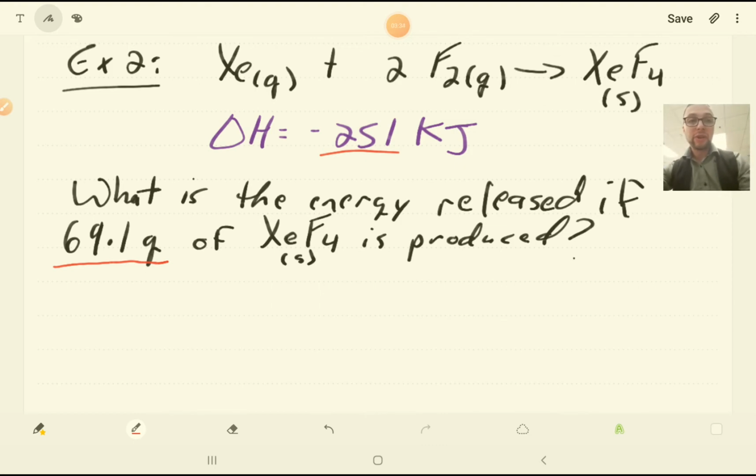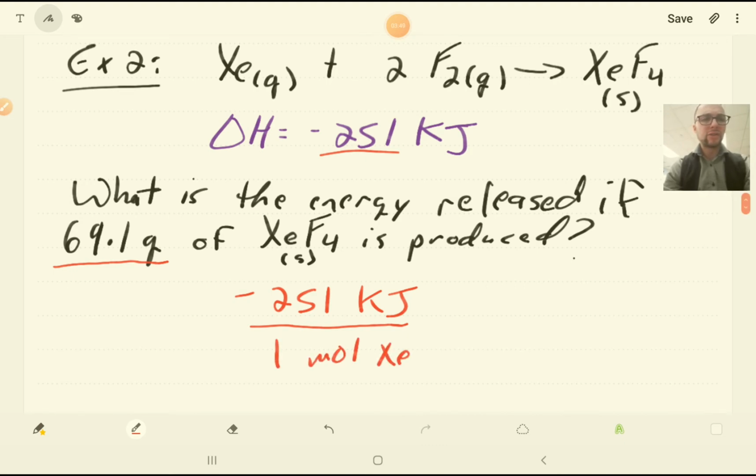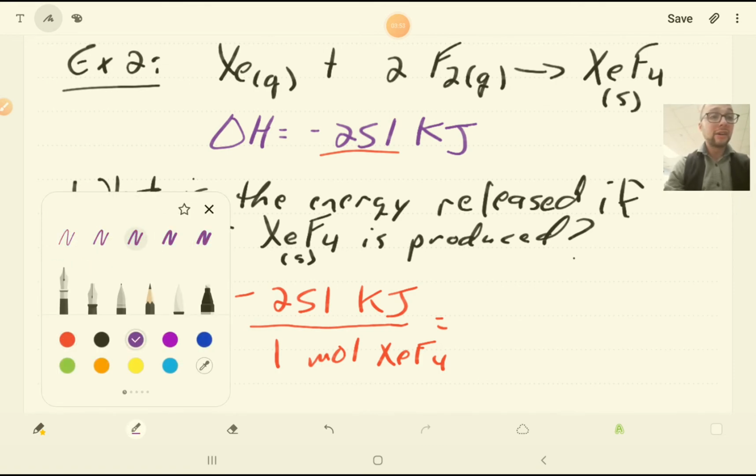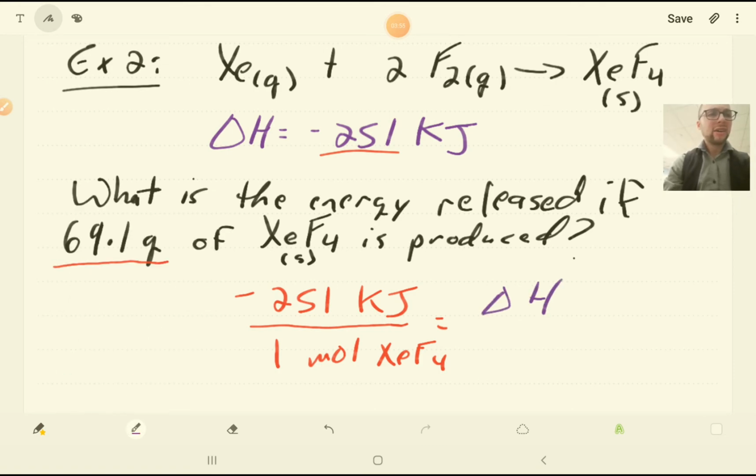Just like we did previously, we set up our proportion equation, which tells us that there are negative 251 kilojoules per 1 mole of xenon tetrafluoride produced. And that is going to yield how many kilojoules produced if we have 69.1 grams.